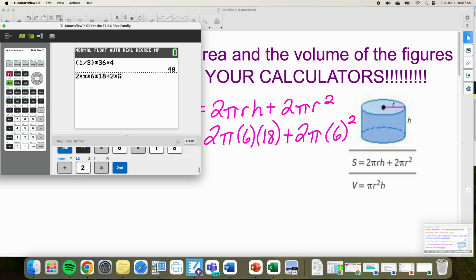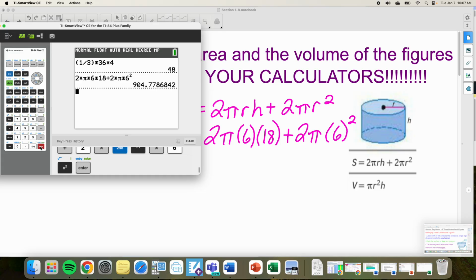So we're going to go second, up arrow for this. You're going to find the pi key on the left side, and then it's times 6 squared. So I'd go 6, and then you should have an x squared key on the left to do that, and then enter. Did you get 904 point something?